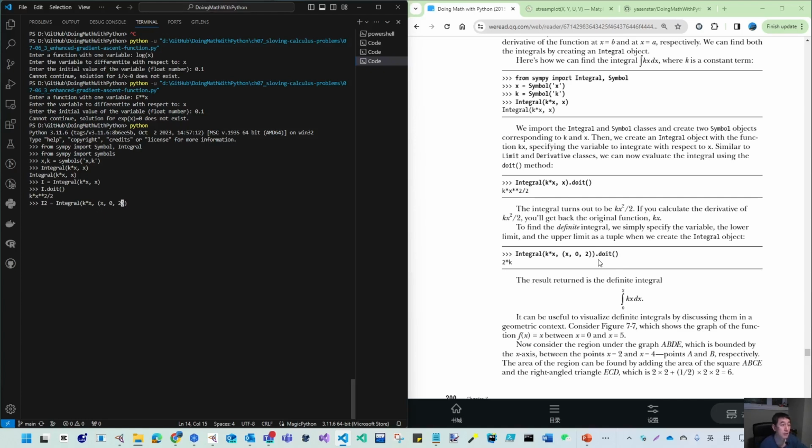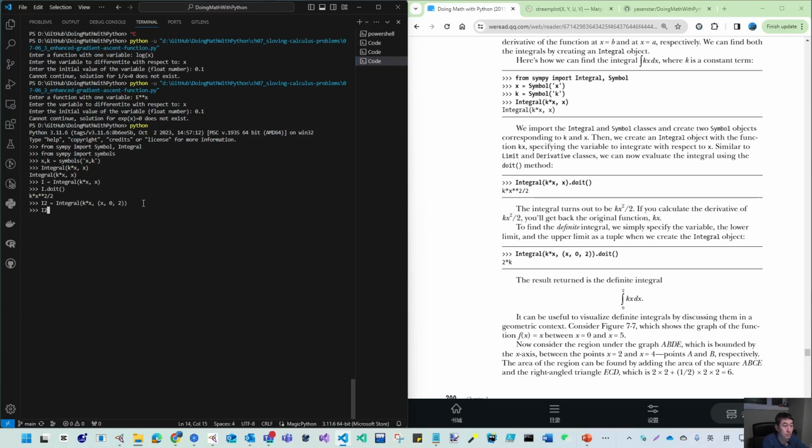That means we have this result, and first we replace x with 2, minus another calculation, replacing x with 0. With 0, this is 0. With 2, it is 2 times 2, divided by 2, which is 2. So it should be 2k.